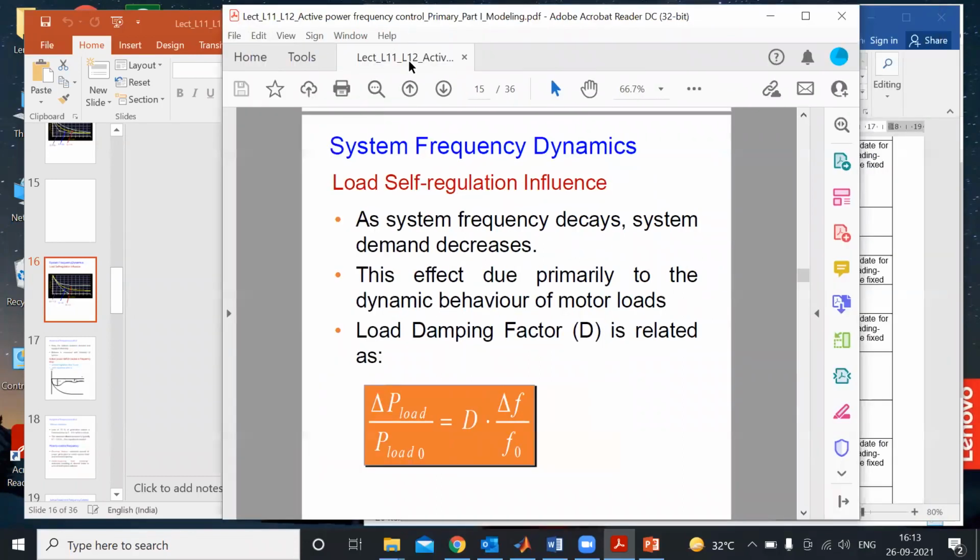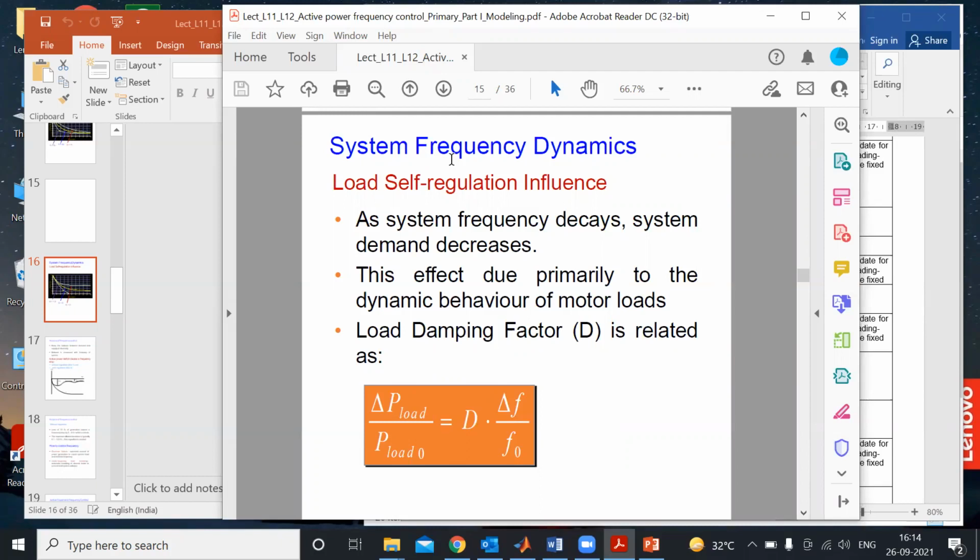And here we discuss how self-regulation will influence the frequency variation. We have discussed two factors. The last one we discussed was the system inertia, and the first one we discussed was the load change, how much load increase will influence the frequency variation.